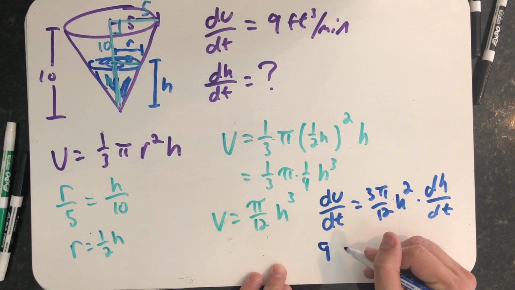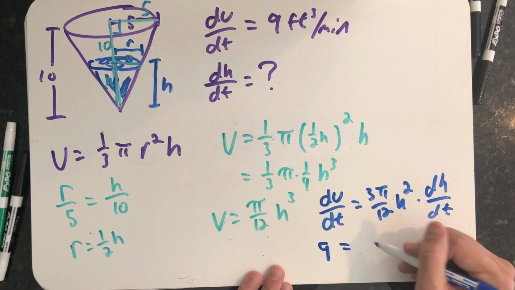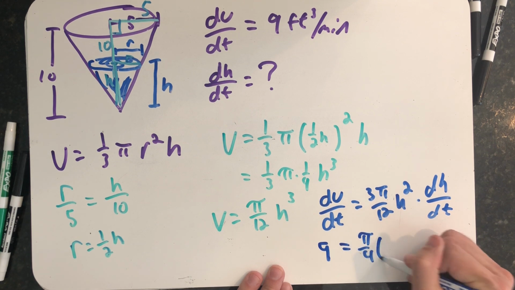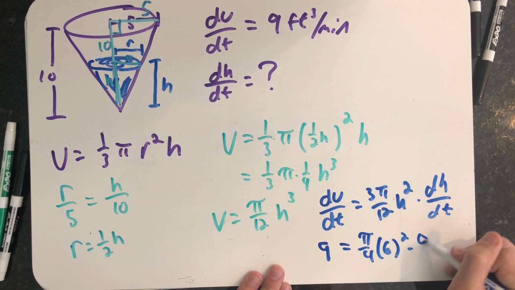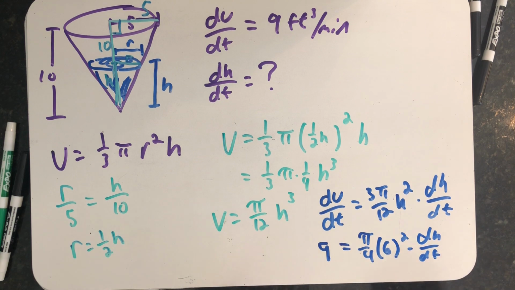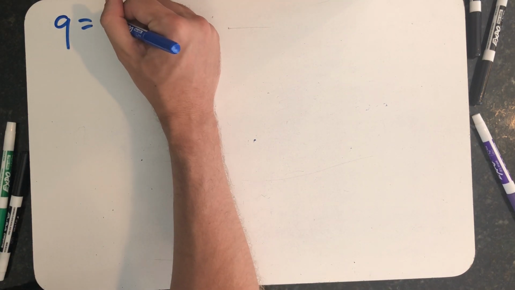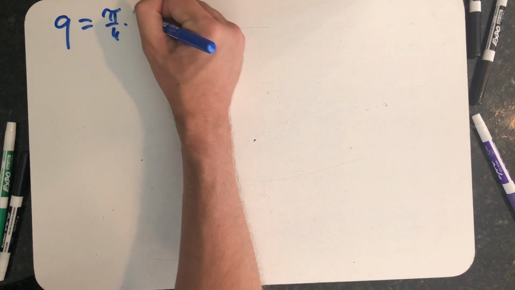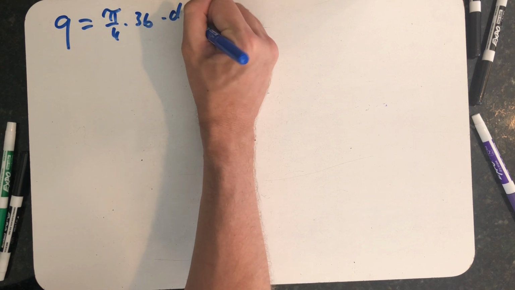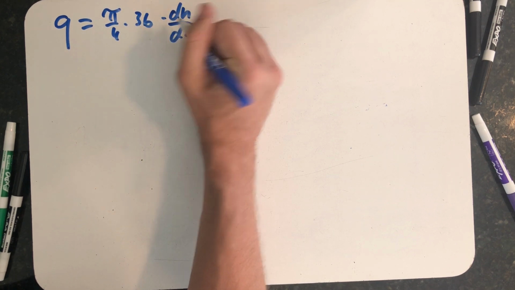9 cubic feet per minute is equal to, and that's pi over 4, times 6 squared times dh/dt. So I need to solve this equation for dh/dt. So 9 is equal to pi over 4 times 6 squared, which is 36, times dh/dt.